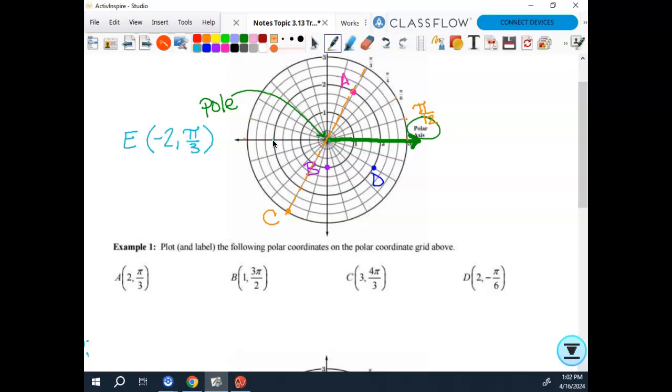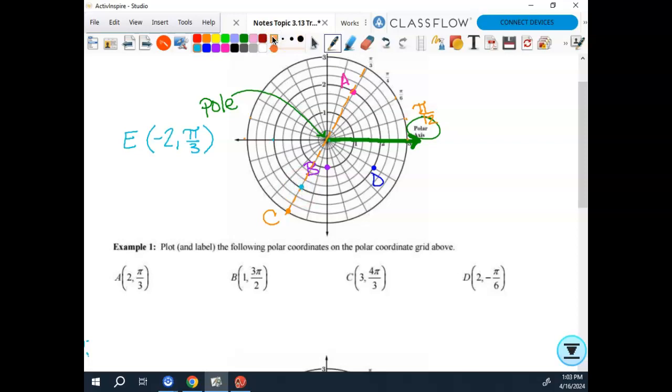So instead, what I suggest you do is we start off pretending like there is no negative. Let's just pretend like we're going to plot 2, pi thirds. So if I go to 2, pi thirds, I'm right there where A is, right? But because that's a negative radius, I am now going to go through the pole and end up on the other side right there. Okay?